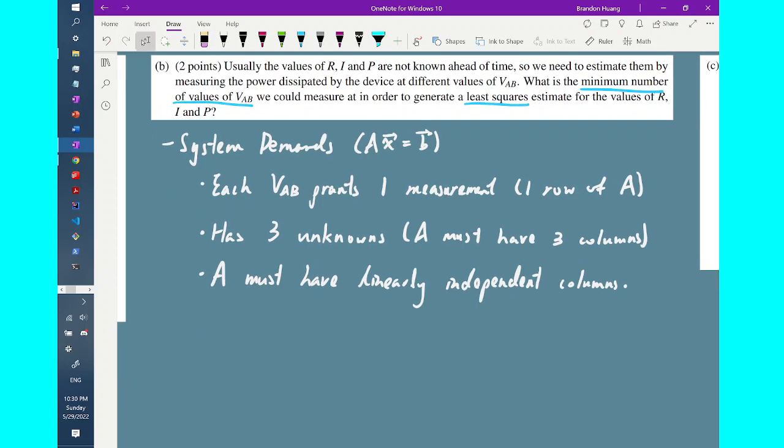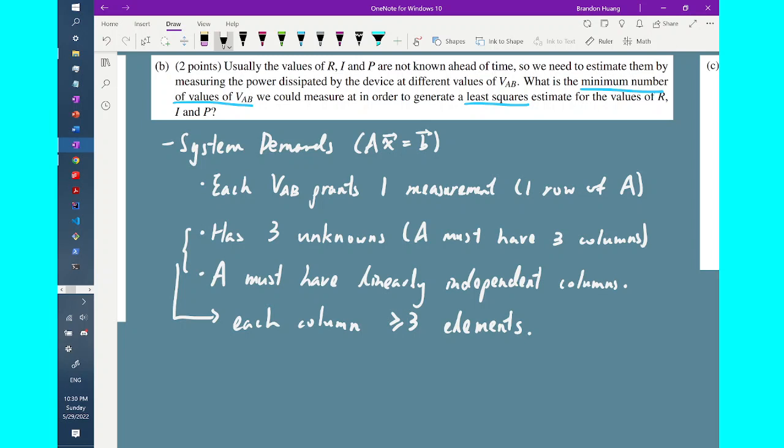Okay, but for A to have linearly independent columns, especially three linearly independent columns, each column must have more than or equal to three elements. Because for any two-dimensional vector I have, it will always end up being linearly dependent.